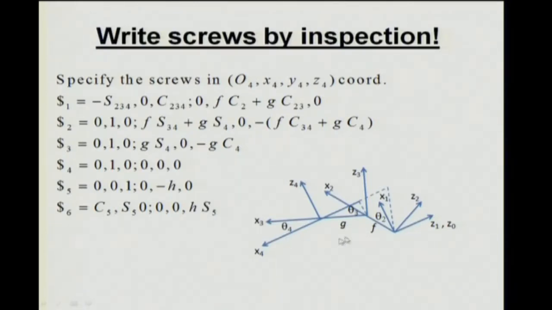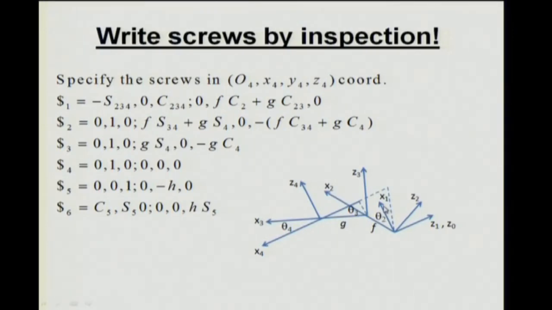That is very simple: we are asking how much is this line inclined to z4 and x4. How much is x1 inclined? Theta 2 plus theta 3 plus theta 4.